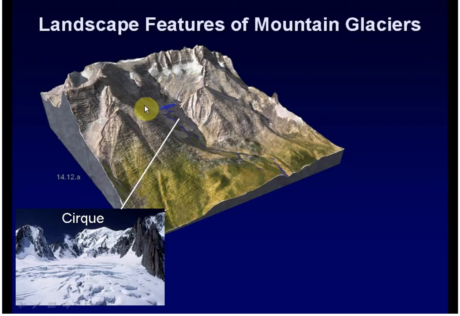A cirque is a bowl shape at the top or the highest elevation of the glacier here, and this sort of feature forms by the ice freezing onto the rock walls and plucking out chunks of rock and forming this bowl type depression.